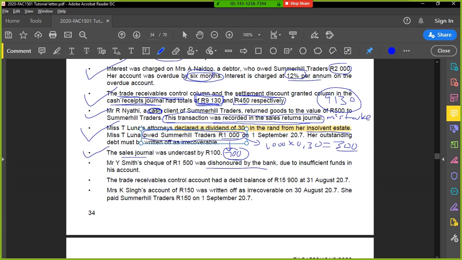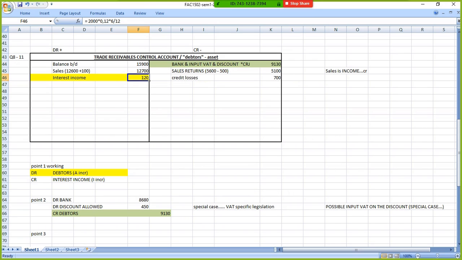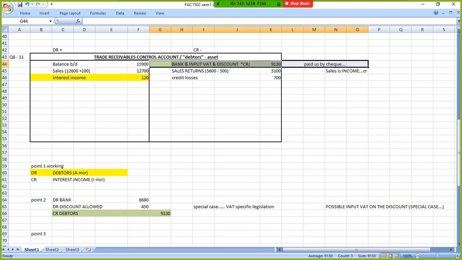Well, let's think about it. Here's the example. Let's assume those people paid us by check. When they write out the check, what are we going to do? We're going to decrease our debtors because we believe they've paid us. Does that make sense? Yes. Now later on you take that check, you go to the bank, you deposit it into the bank account.